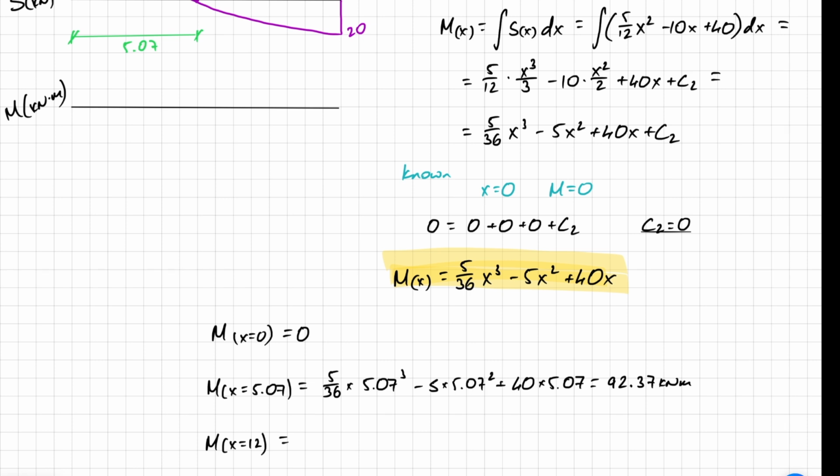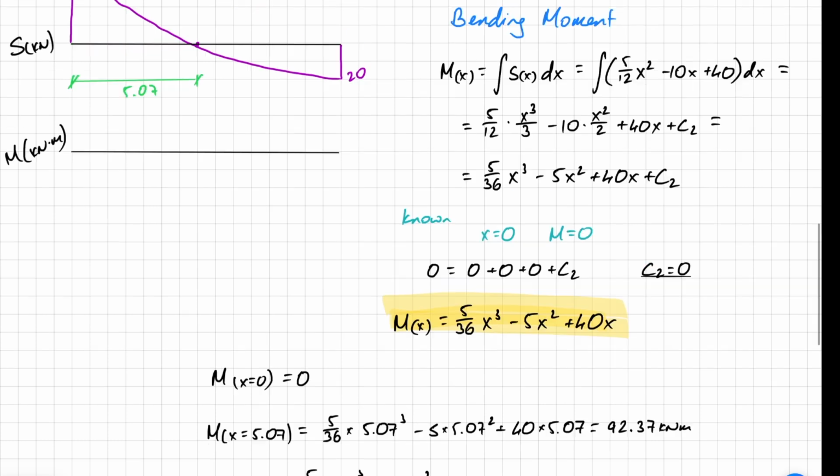And if I substitute for the last point 12, I get 5/36 times 12 cubed minus 5 times 12 squared plus 40 times 12. And if I put all of that in my calculator, I get 0.